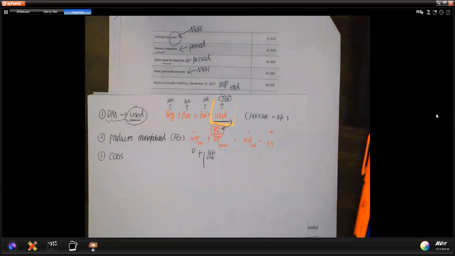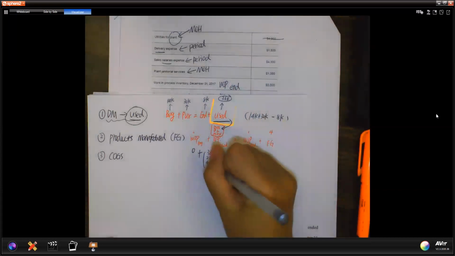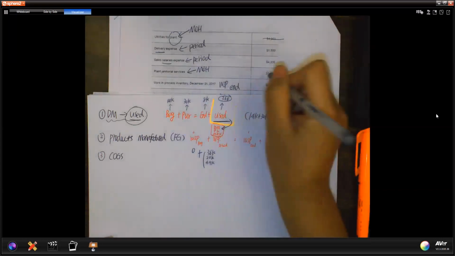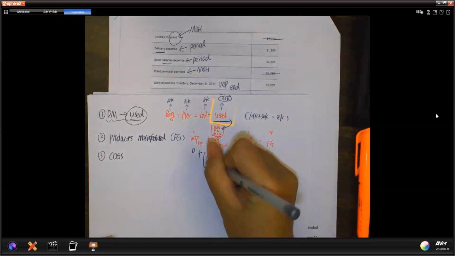And then we also used the manufacturing overhead. So we used 4,900. We used manufacturing overhead 1,350.